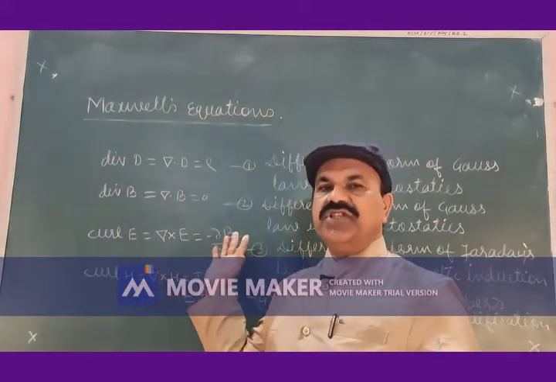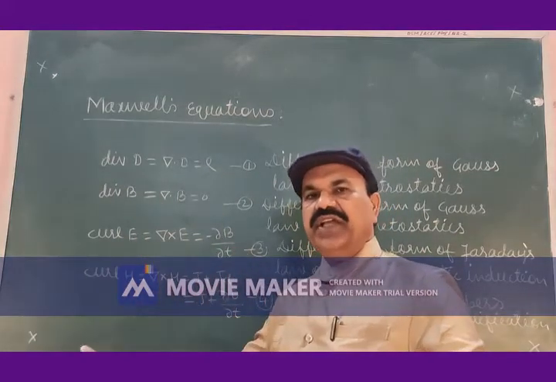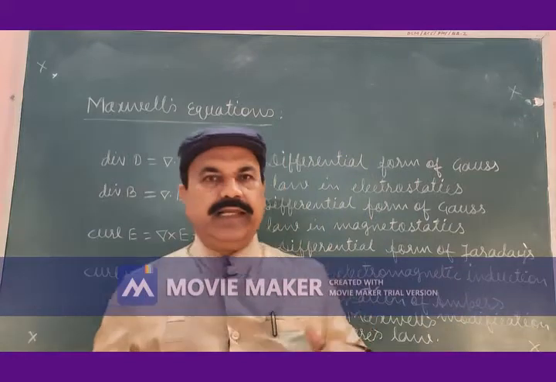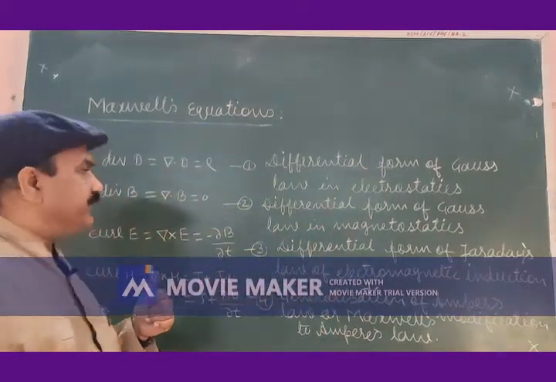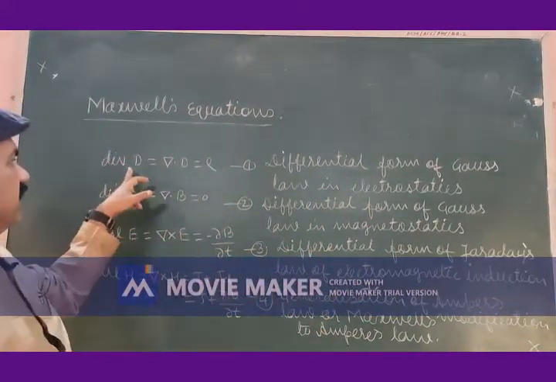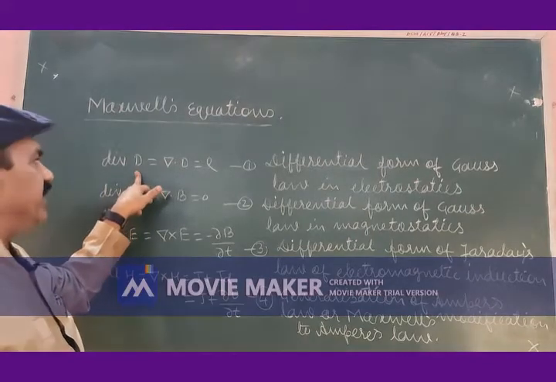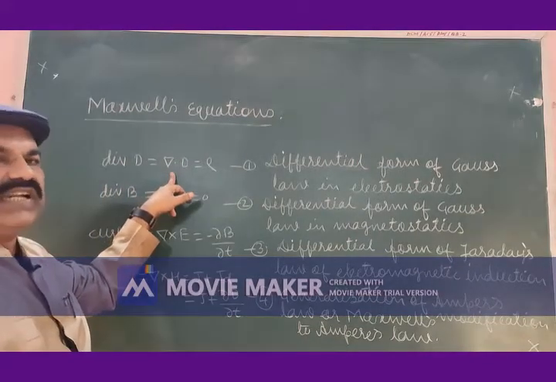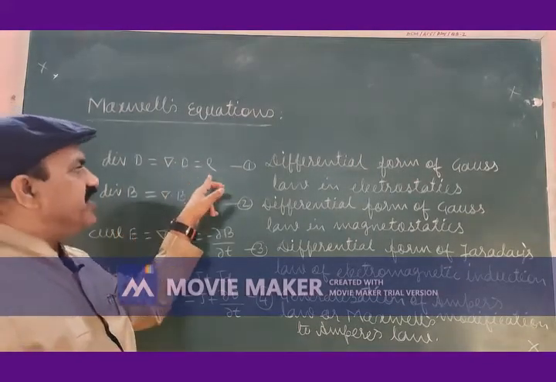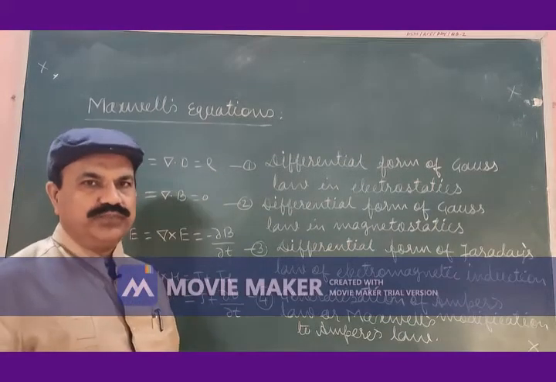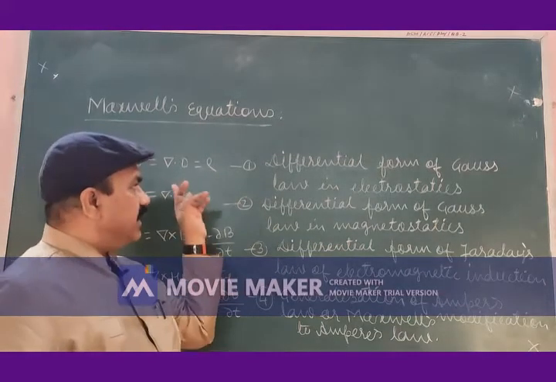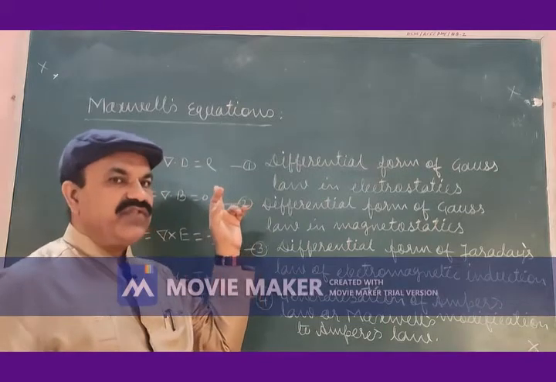Equation 1, equation 2, equation 3, equation 4. Let us see what is equation 1. Divergence of D or del dot D is equal to rho. This is Maxwell's first equation.